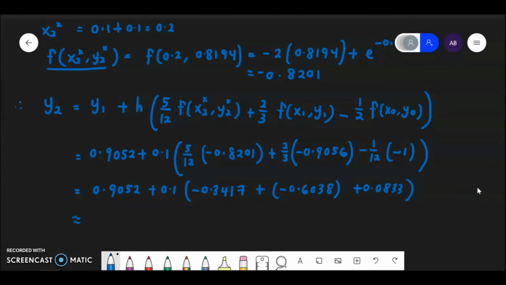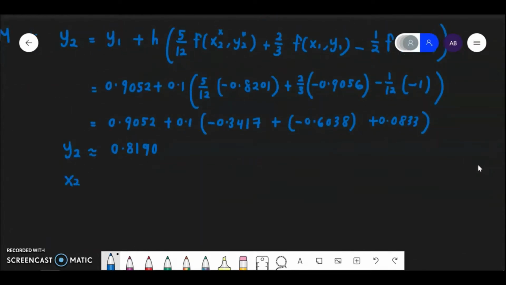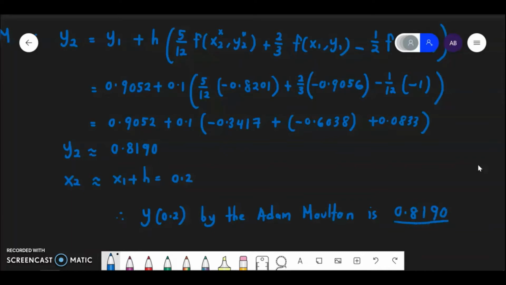Okay, so my final answer, y2 by Adams-Moulton, is 0.8190. This is at x2, which is x1 plus h, 0.2. So the solution at 0.2 by Adams-Moulton is 0.8190.